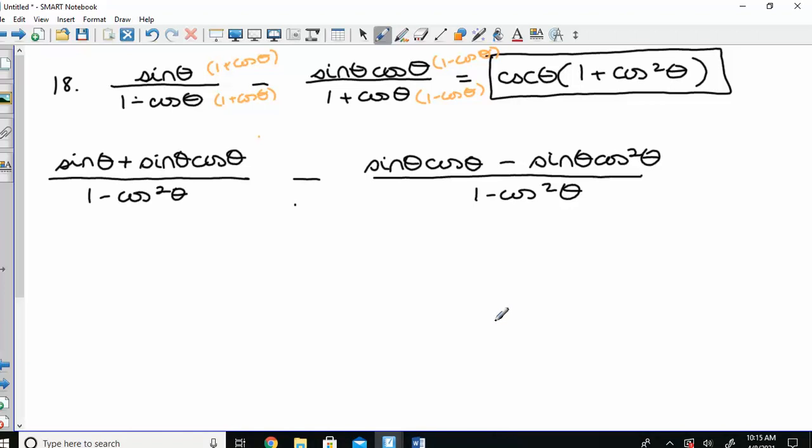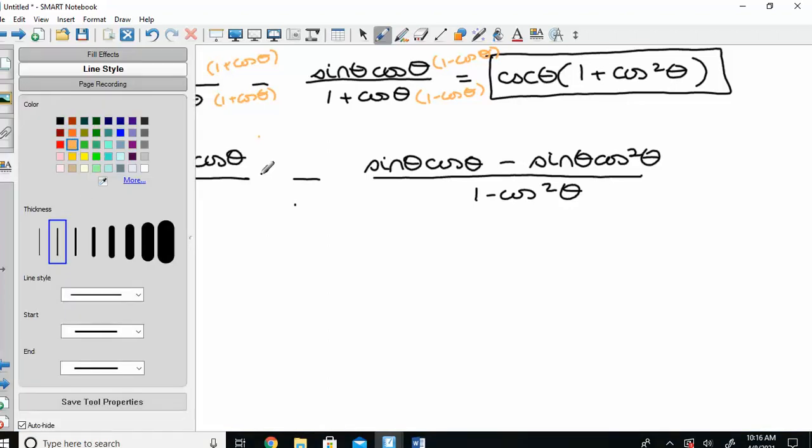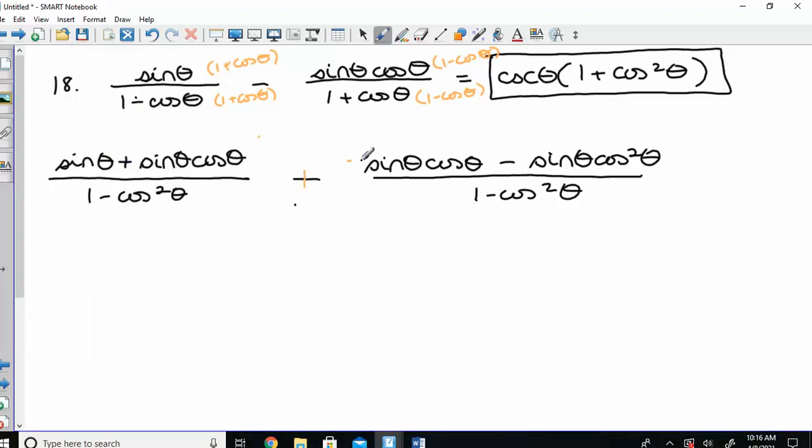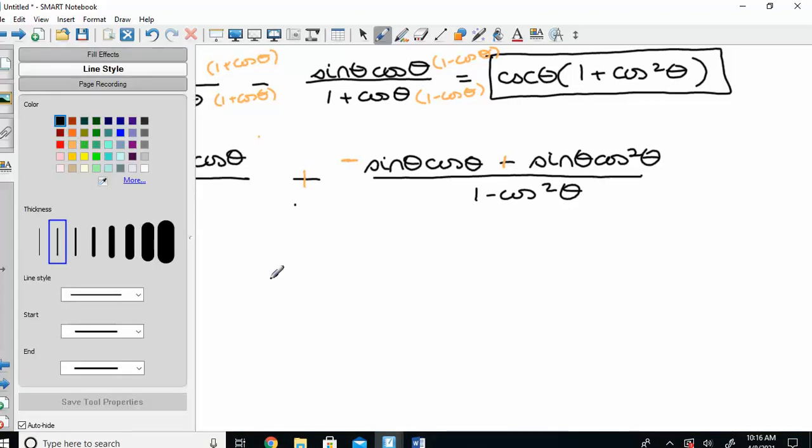Have I lost anyone there? From here, the denominators match. What should I do with this negative? Distribute it. I know we had one on a quiz one time like this, and several people forgot to distribute the negative, which caused some problems. Once we do that, we can put these fractions together.